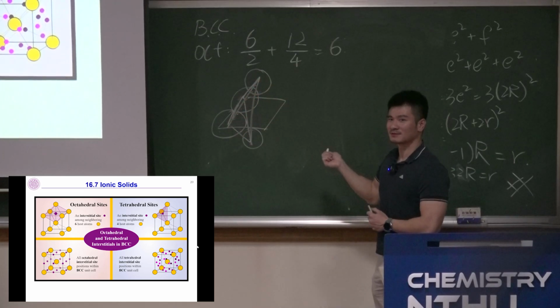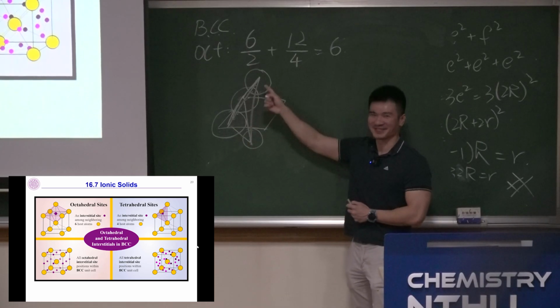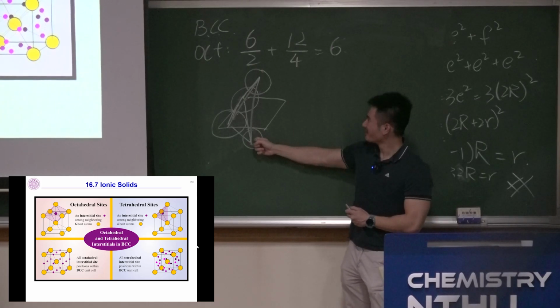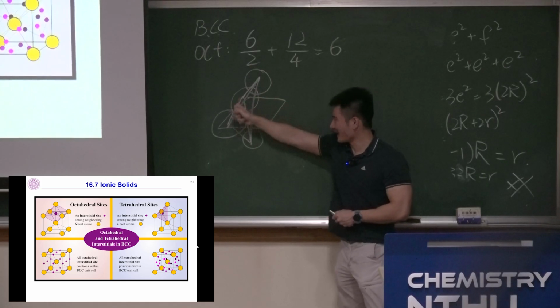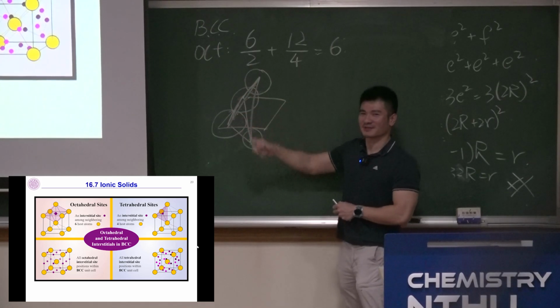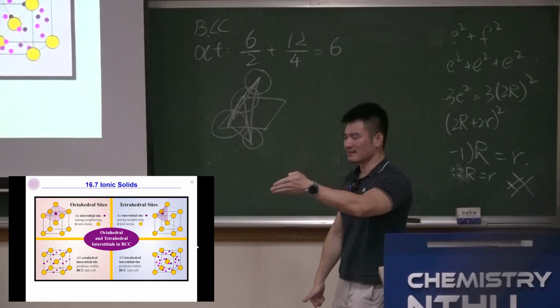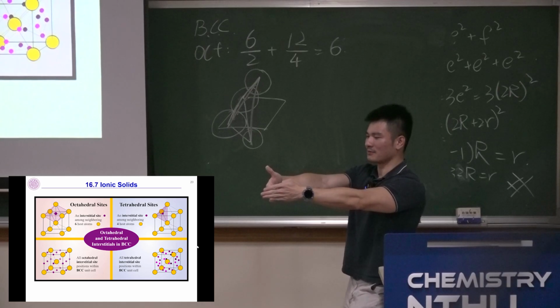Can you guys see the tetrahedron here? This is the body center of one BCC, and this is the body center of another BCC, right? Above it there is a neighboring unit, and these are its two edges, right? So it's a tetrahedron. So two edges, two bodies, so the tetrahedron looks like this. So you can see that this is the 2 edges, this is the body, and that's how you form a tetrahedron.